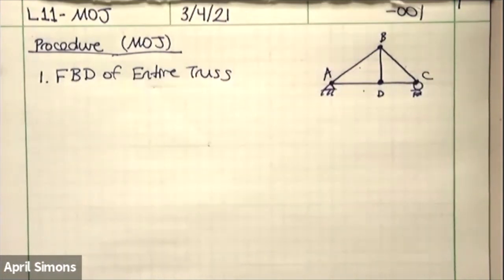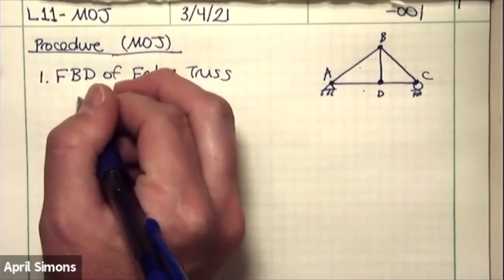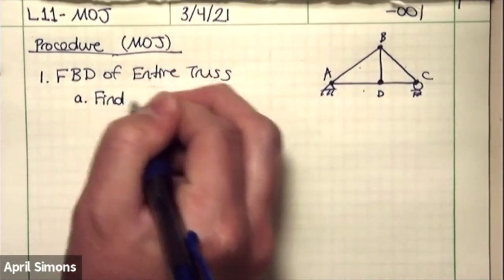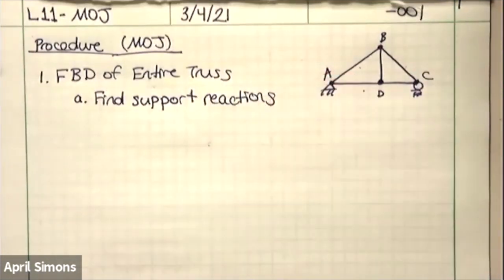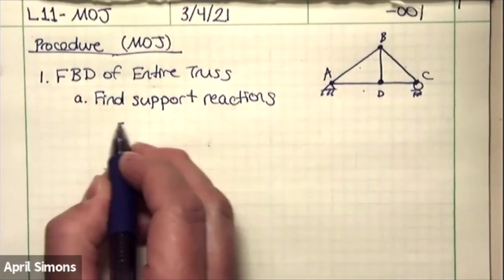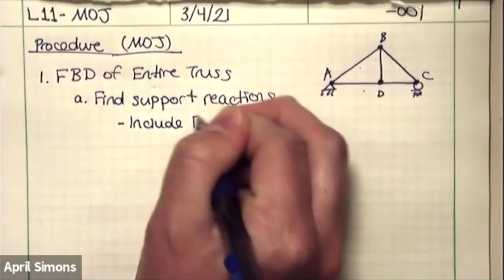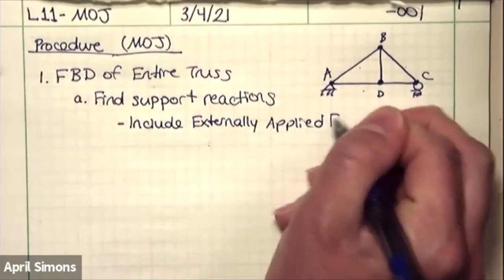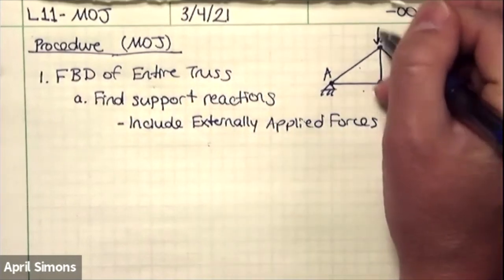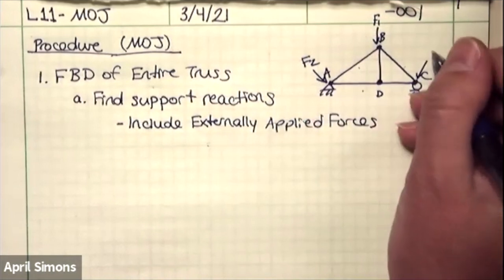When we look at a free body diagram of our entire truss, we want to find the support reactions, and to do that, we'll include externally applied forces, so we could have F1, F2, F3 here.